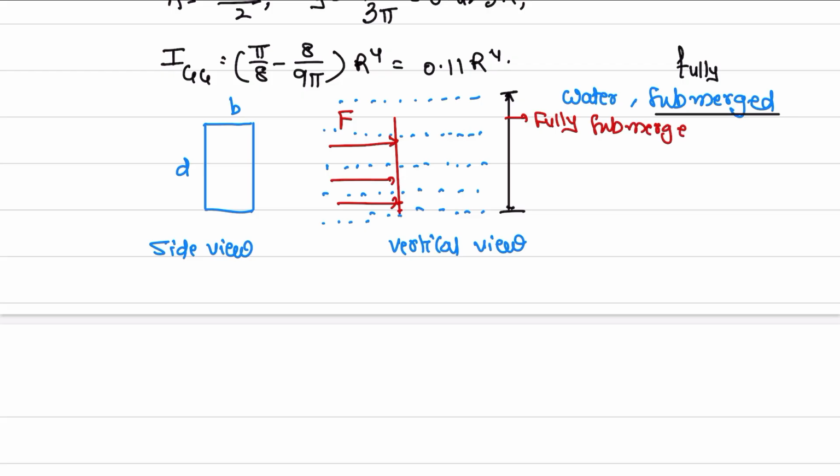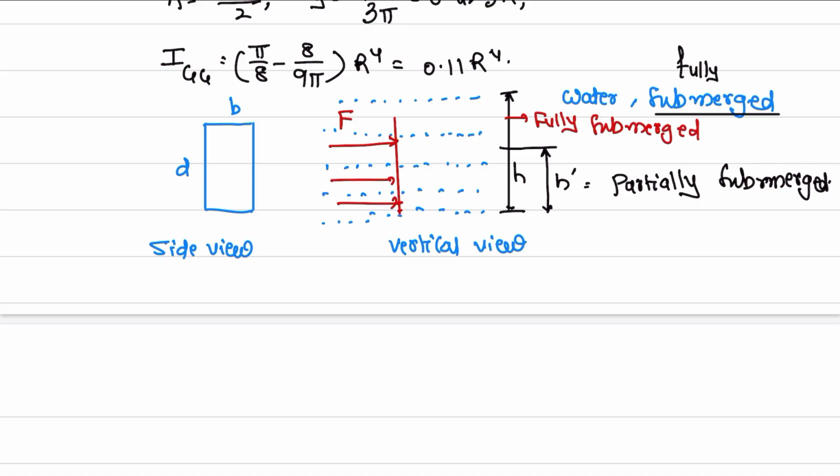If the height is less than the surface height, then it is partially submerged. Please understand this: partially submerged and fully submerged. The approaches should be different. We are discussing in this class the fully submerged surface.